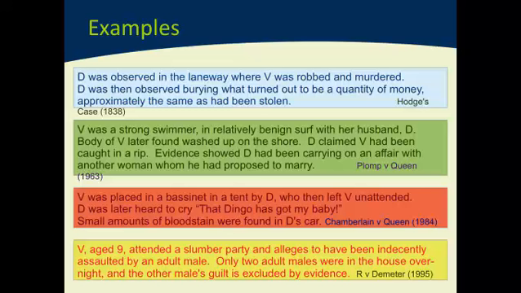And the circumstances which were brought to the court were, first, that she was quite a strong swimmer, and that the conditions had been relatively benign, and that there was no reason that could be seen for her to have drowned. But then they also brought before the court the fact that Mr. Plomp had been conducting an affair with another woman and had planned to marry that other woman. Now remember, this was the 1960s, well before no-fault divorce.